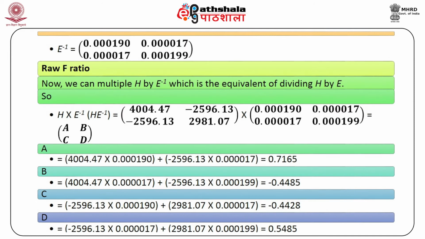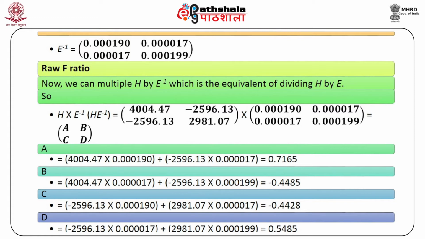Now, the raw F ratio needs to be calculated, and to get the raw F ratio, what we do is we multiply H by E inverse. Now, you remember what H was? H was the matrix which we obtained for the model, that is the model matrix.